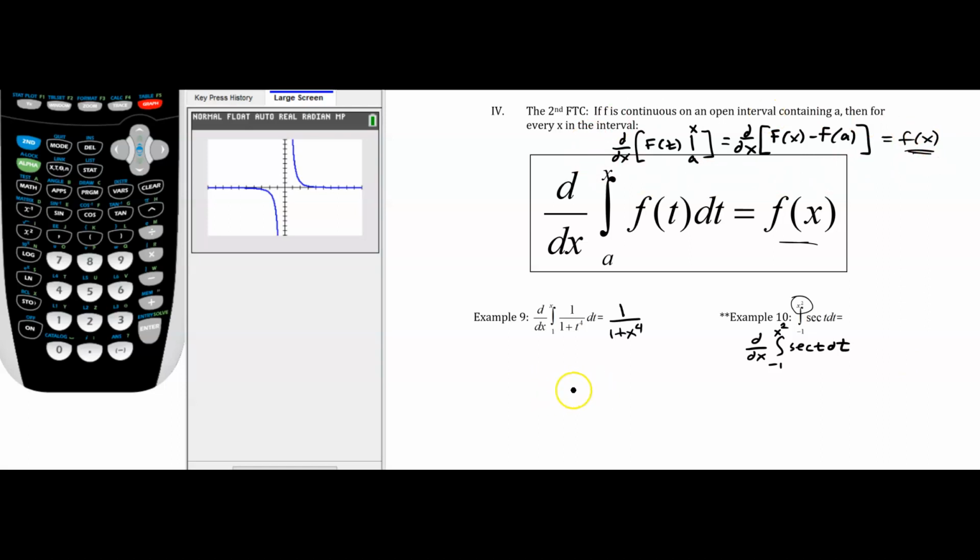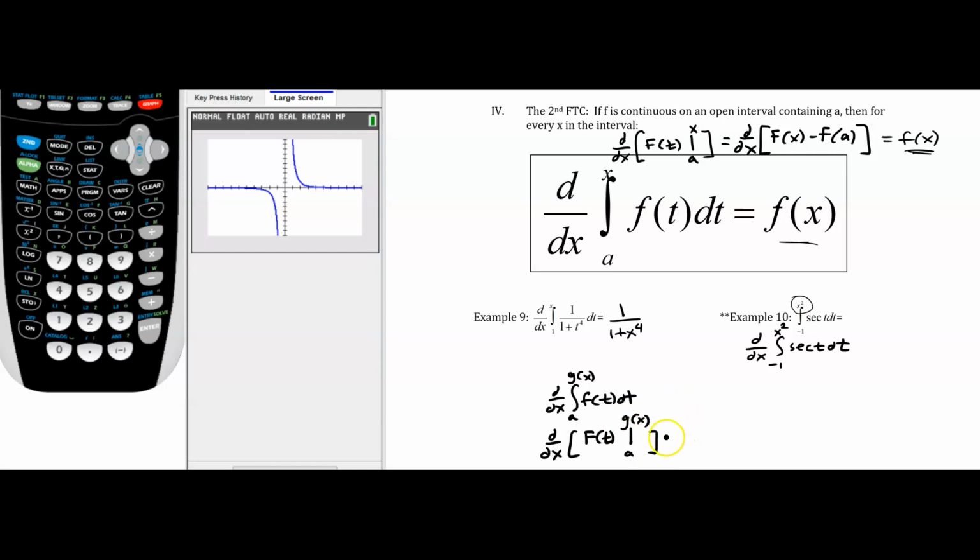So if I have the integral going from a constant to some function of x, the antiderivative of little f of t would be big F of t, and then I would evaluate at my upper limit and subtract what I get when I plug in my lower limit.